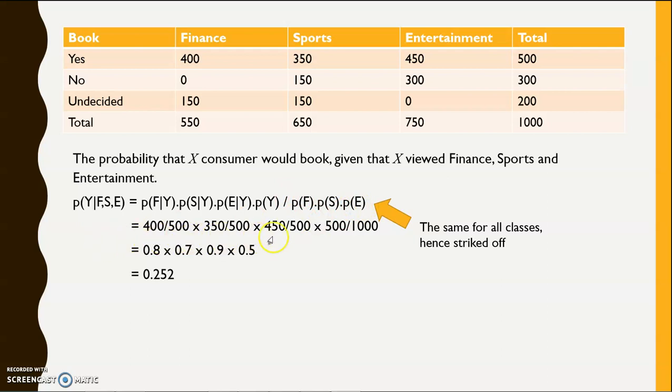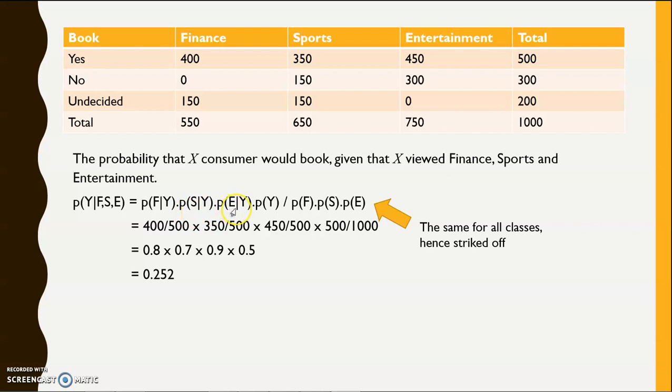So these calculations are showing the probability of a consumer viewing finance given that he or she booked. So it would be 400 out of 500, because between finance and booking the hotel. And here 350 over 500 is showing the probability of a consumer viewing sports and booking.